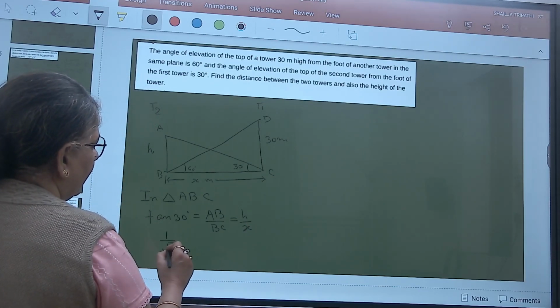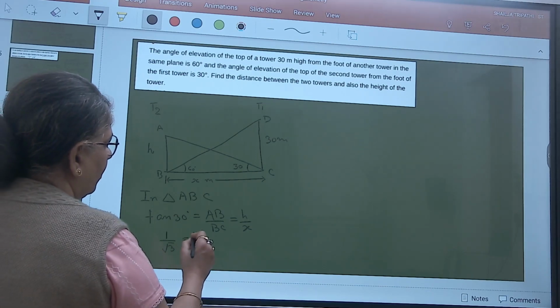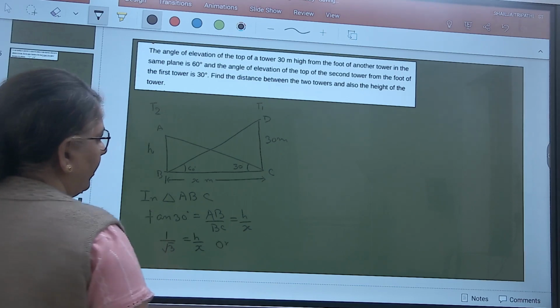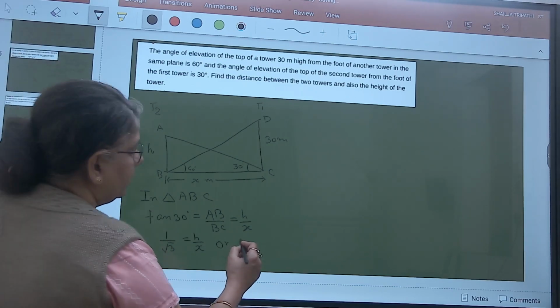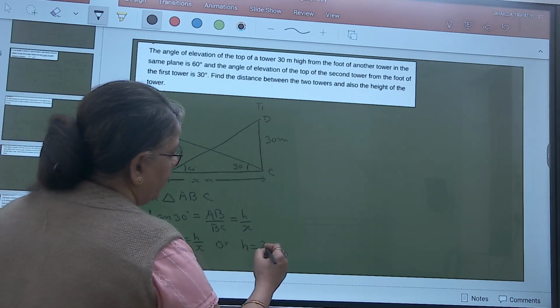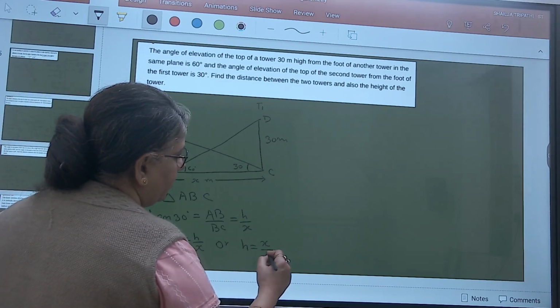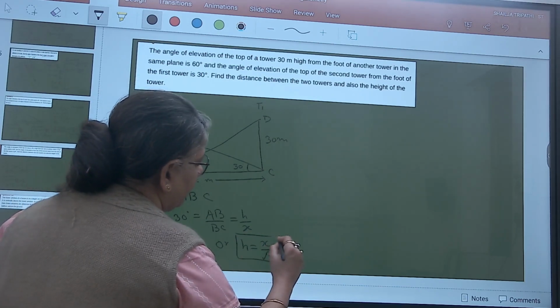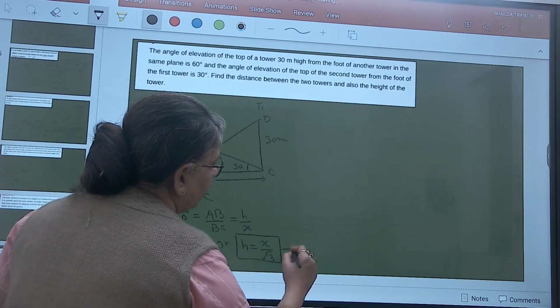Tan 30 is 1 upon root 3, this is equal to h upon x. Or we can write h is equal to x upon root 3. So this is the relationship that will help to solve the question.